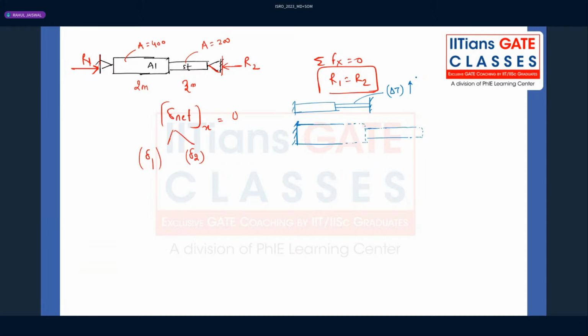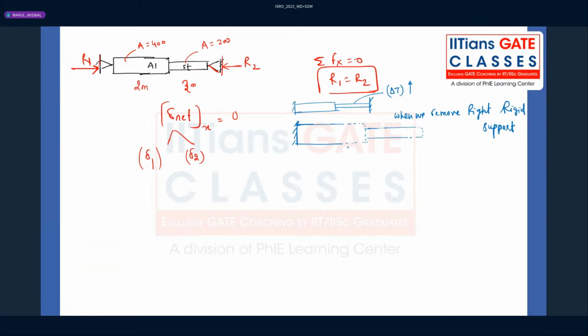You first remove the right rigid support. Once we remove the right rigid support, what will happen? They will expand freely. As there are no restrictions, they will expand based on the property of the material or the coefficient of thermal expansion.